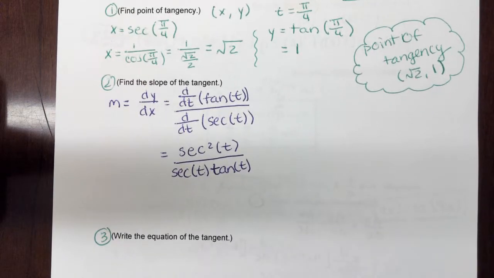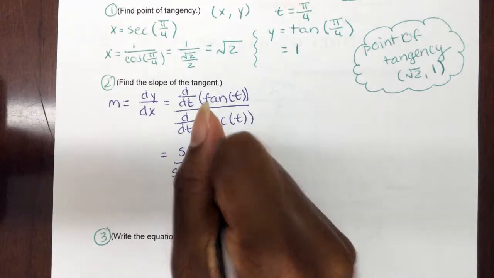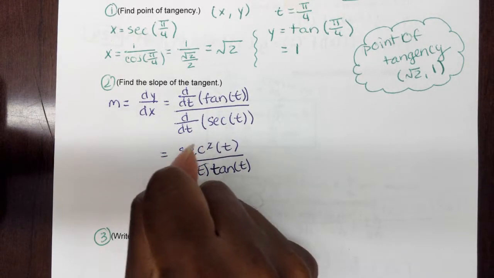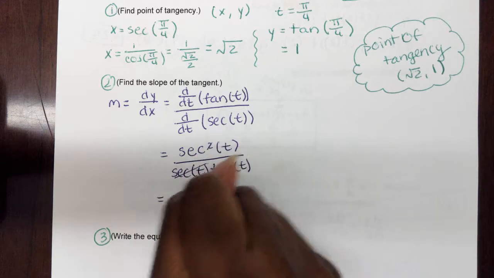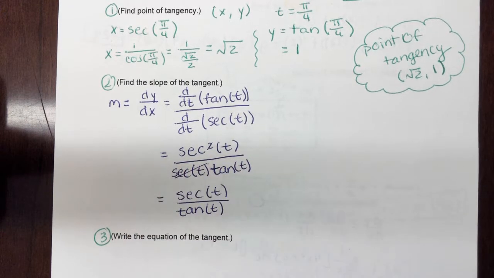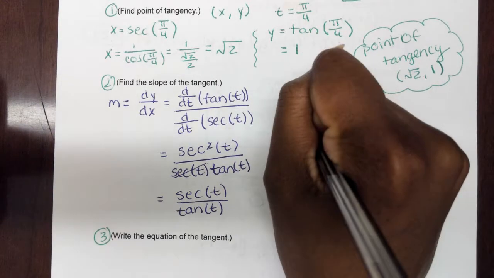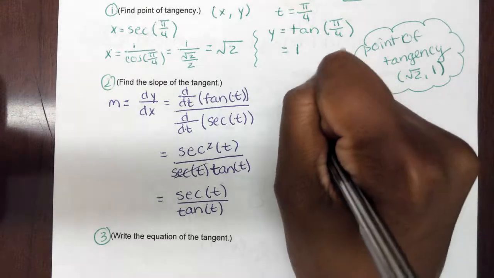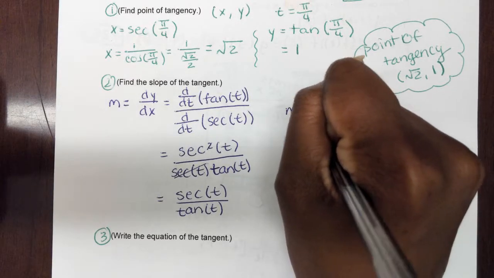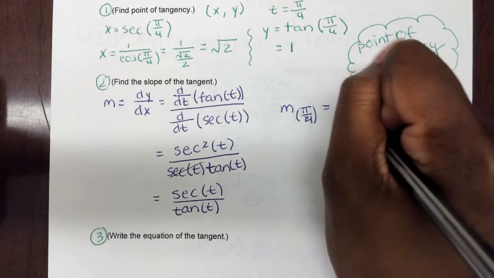And we can simplify that. So 2 secants up top cancel with 1 secant down at the bottom. So we get secant of t over tangent of t. And we're going to use that now to find the slope. And we want the slope at t equals pi over 4. So we're going to substitute pi over 4 for t.